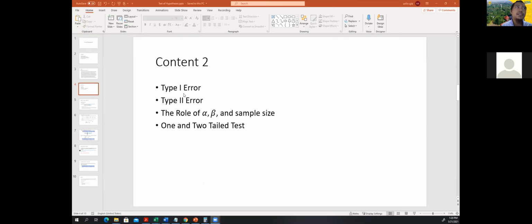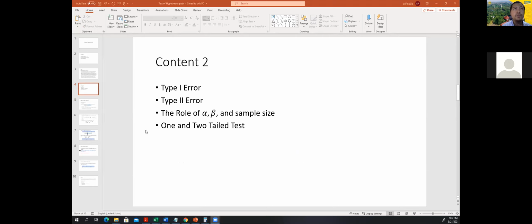Yesterday we already talked about the definition of type 1 error, type 2 error, and the role of alpha and beta. Actually, alpha is type 1 error, beta is type 2 error, and the effect of sample size.